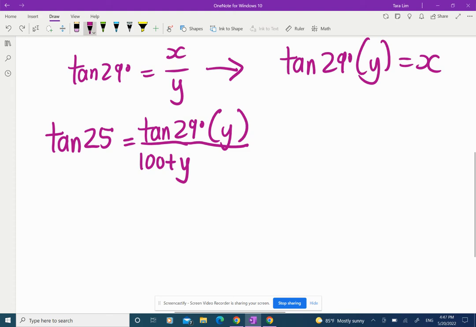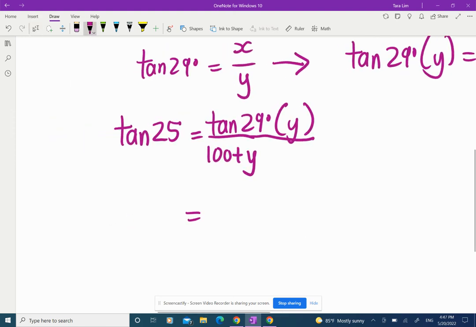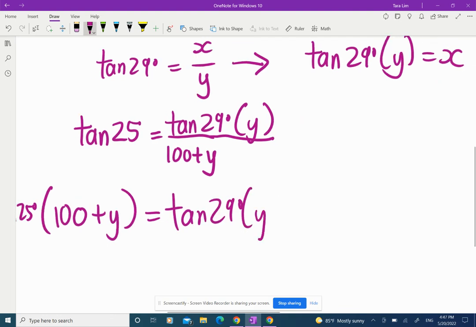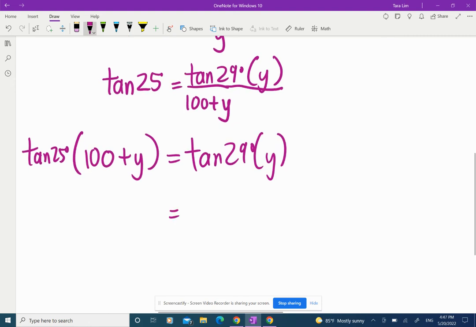And so I am going to use the cross multiplication method. So tan 25 degrees times 100 plus y is equal to tan 29 degrees times y. I am going to use my calculator for this. First of all, I'm going to expand this. So tan 25 degrees times 100 is approximately 46.6 plus tan 25 degrees times y.